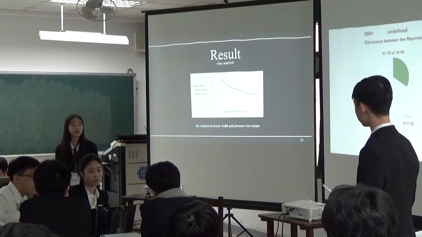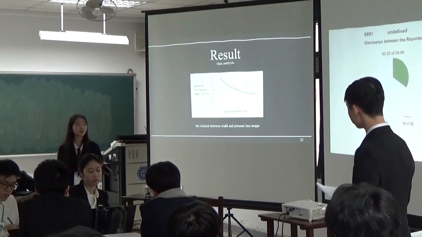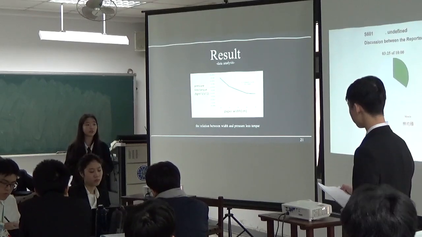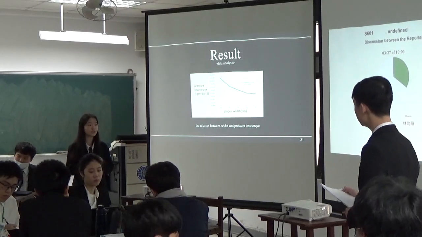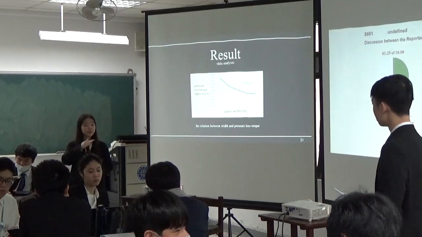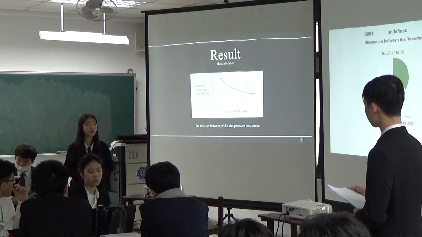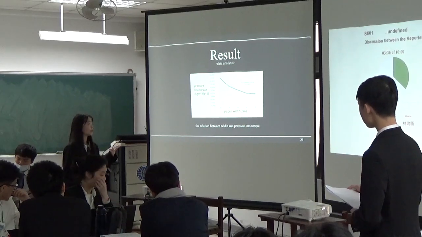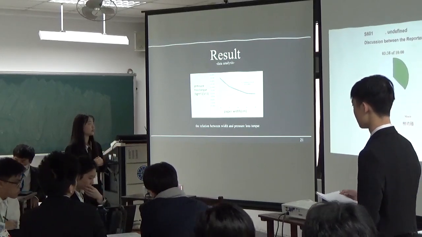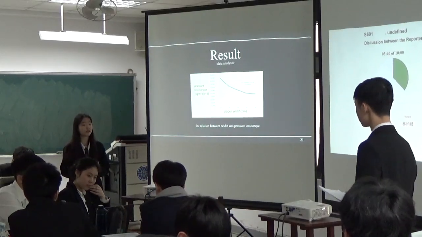Yeah, we have observed this phenomenon. There are two conditions. First, it will slide off the table, and the second is that it will flip off the table by torque. But in this experiment, we define the falling of the ruler as sliding off the table.